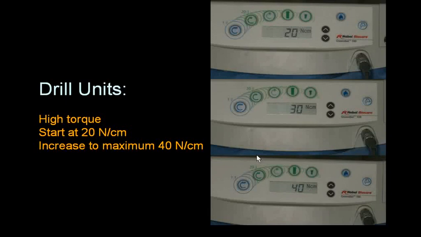Then once the implant gets seated and stops, we go to 30 Newton. Then I reverse again, and I go to 40 Newton, and that's my maximum. And I always allow myself to have some kind of control with this torque, and this is really for me a wonderful way of controlling and evaluating these kinds of cases.